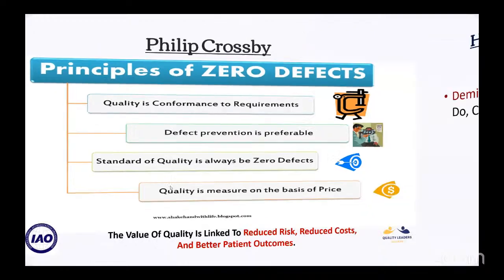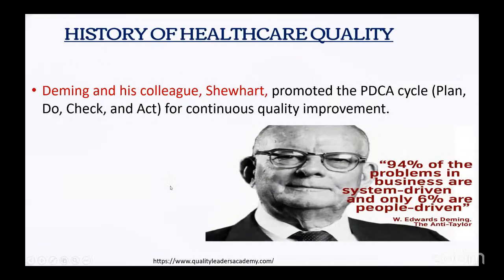Okay. Now, we'll talk about another quality guru. Before we go further, let's understand where all this came from. Quality in healthcare didn't appear overnight. We have borrowed and adapted concepts from manufacturing domains.